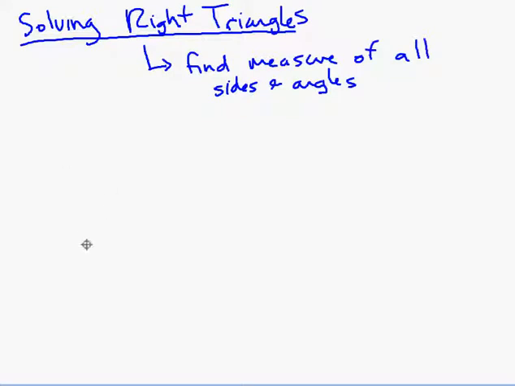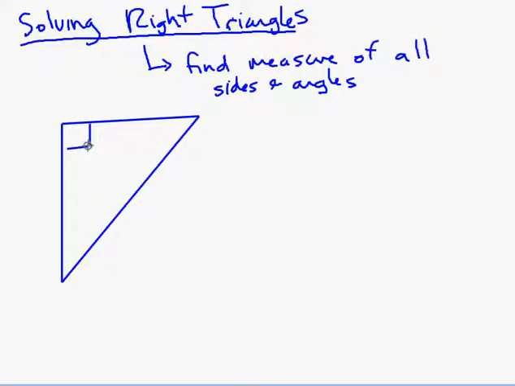Let's go ahead, and I'm going to reuse the same triangle over and over again. Okay, so here's my triangle, and I'm going to indicate that this is indeed a right triangle.